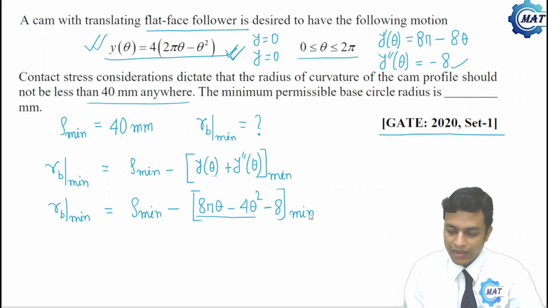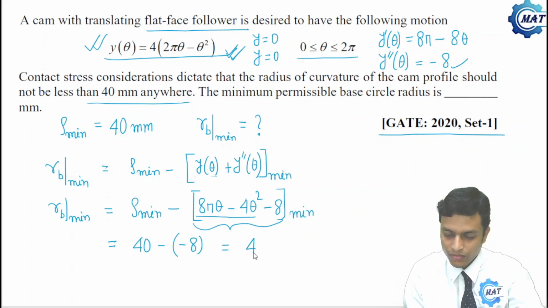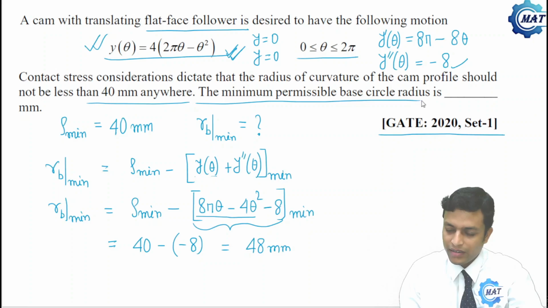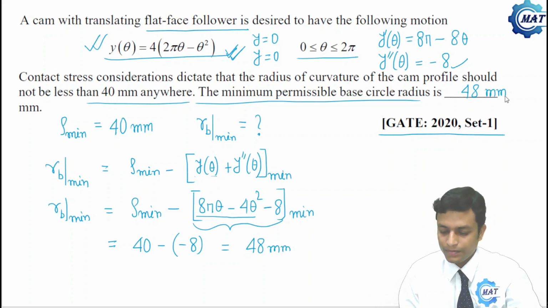So the minimum value of the expression is nothing but minus 8. So we can write RB min as 40 minus of minus 8, that is 48 mm. So the minimum permissible base circle radius is 48 mm. This is the answer to the problem.